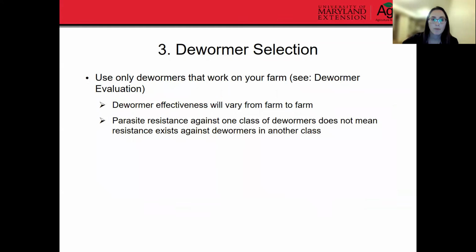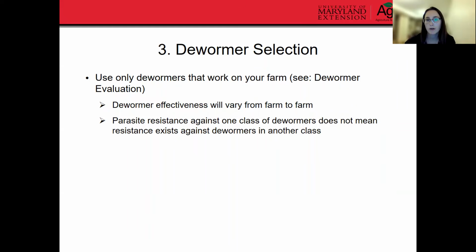The third step in our judicious deworming part of our parasite management is dewormer selection. So it's important to only use dewormers that work on your farm, that the parasites are not resistant to on your farm. And we'll talk about dewormer evaluation here shortly. But it's important to note that dewormer effectiveness will vary from farm to farm.